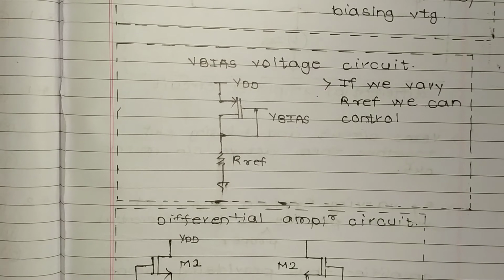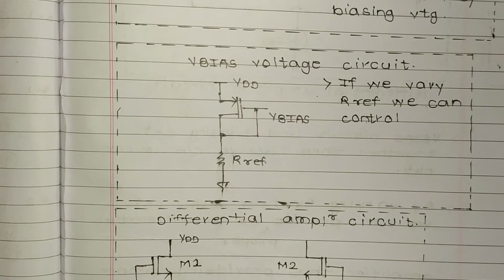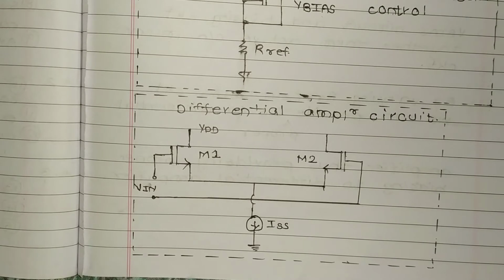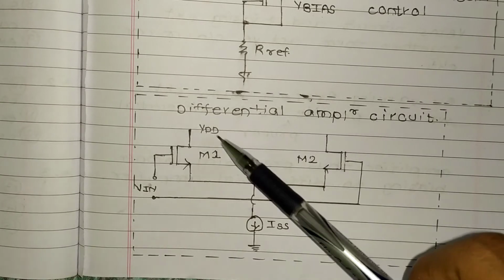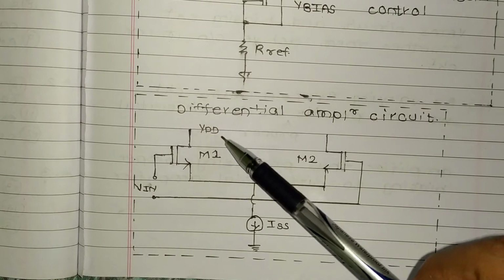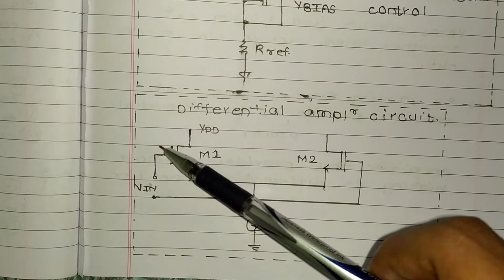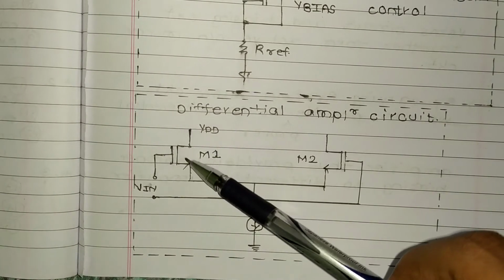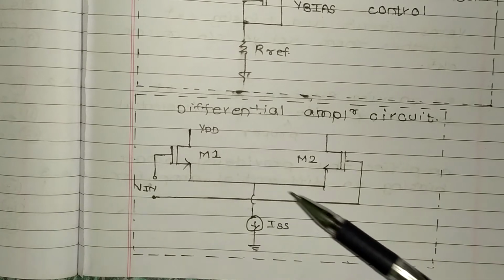So let us first check the differential amplifier circuit. This is basically a differential amplifier circuit. Two transistors M1 M2 are used in it. VDD is supplied to the drain of this N channel MOSFET, that is M1.